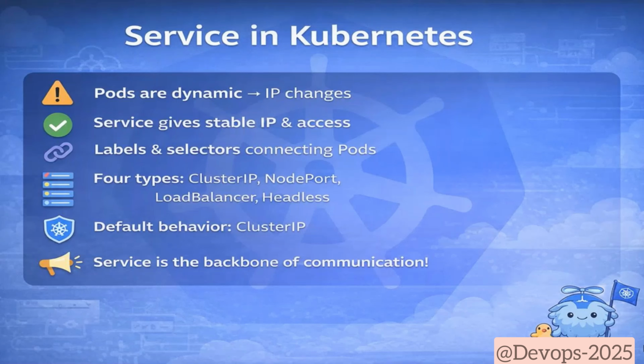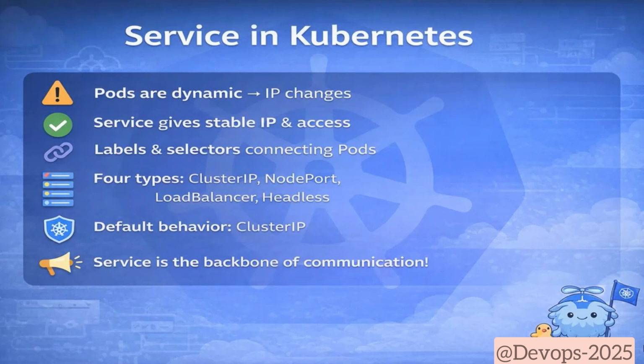Now let's focus on the types of services available in Kubernetes. After understanding how a service connects to pods, we must see what types of services Kubernetes provides. There are different types of services, but majorly there are four types we frequently use. The first service type is ClusterIP, which is the default type for internal communication.